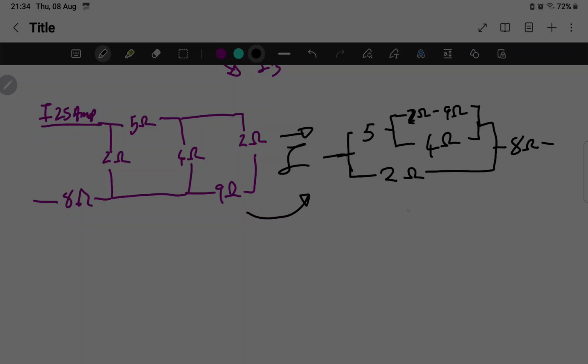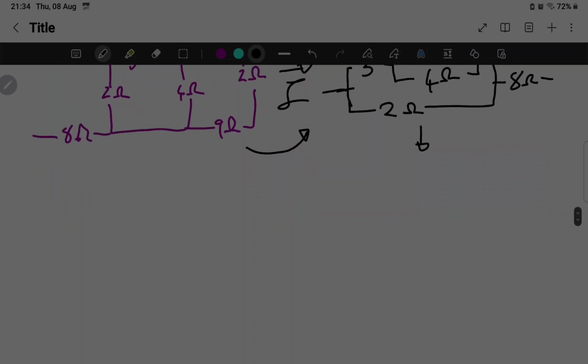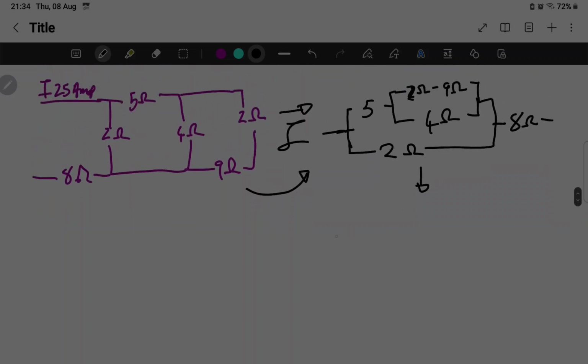Now we have redrawn our circuit, which is much simpler, so we can simplify it as well. We have 5 here. On top we have 2 plus 9, because it's in series, which is 11 ohms. It's parallel with the 4 ohms.